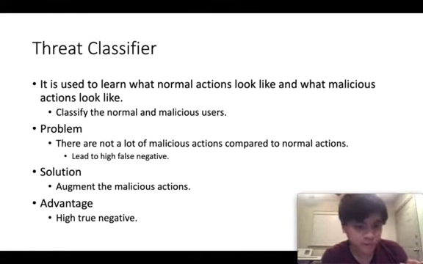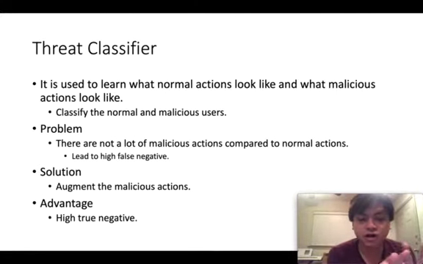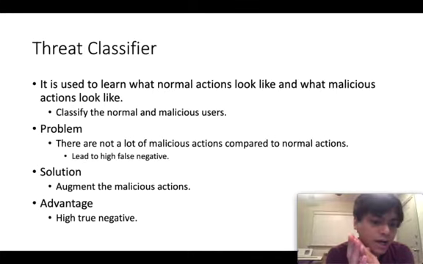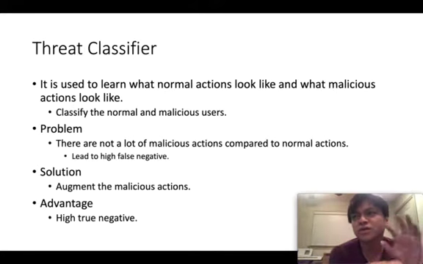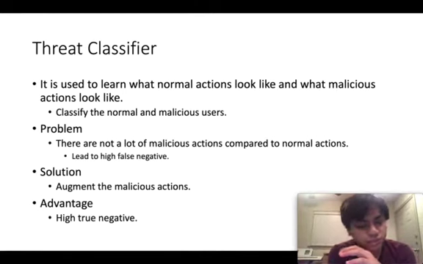But the problem is, in practice, we don't have a lot of data about the malicious actions. So it is the imbalance problem, imbalanced datasets, and it's very hard to classify the malicious actions. So it leads to the high false negative because there's only a few actions which are malicious.